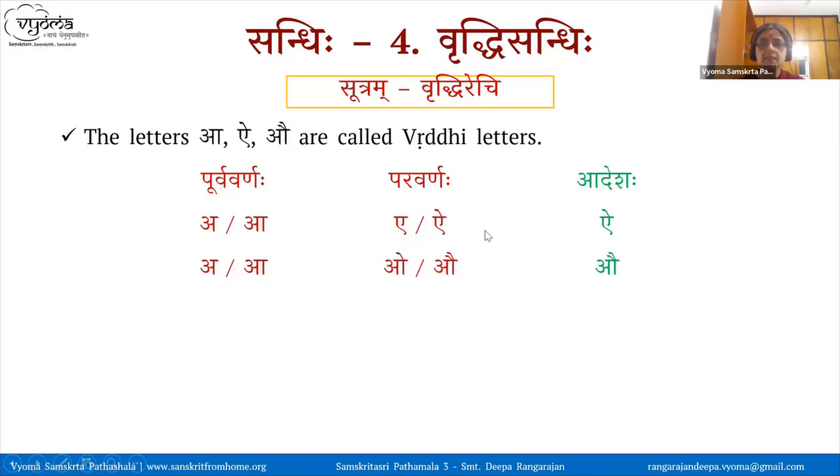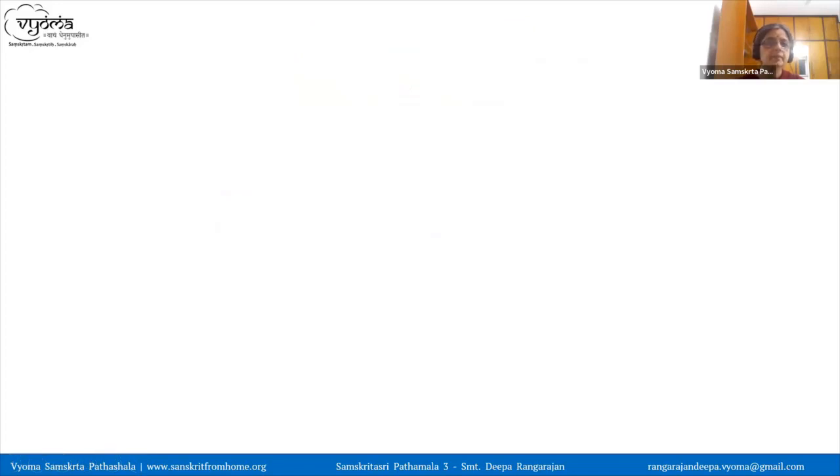Vriddhirechi: when ech is the one which follows, echi is the saptami ekavachanam of ech. When we mention something in saptami, it means it follows. When we mention something in panchami, it is something which is followed by. So if E or O or Ai or Au follow, we get a vriddhi as the adesha, is the meaning of this sutra.